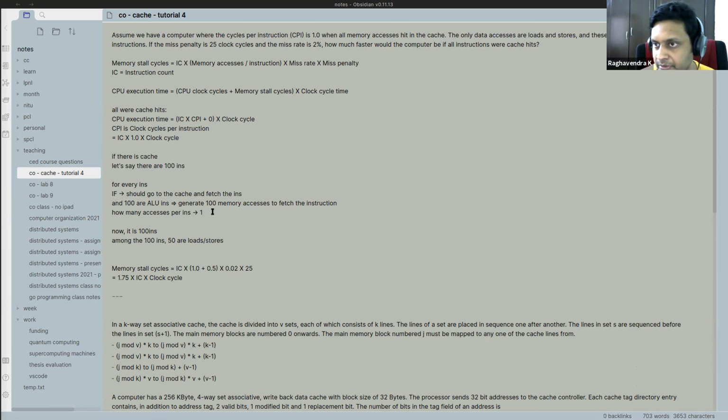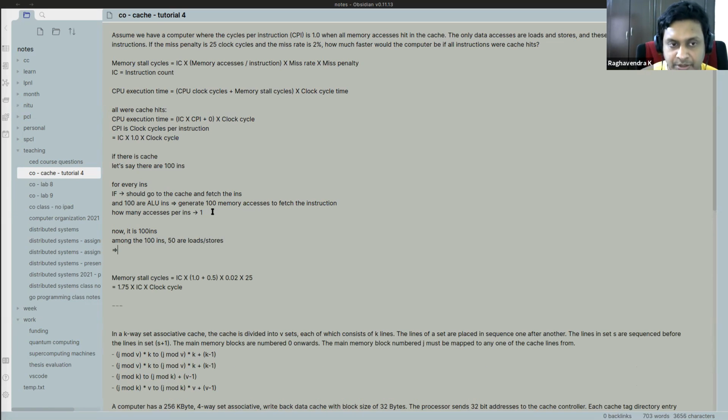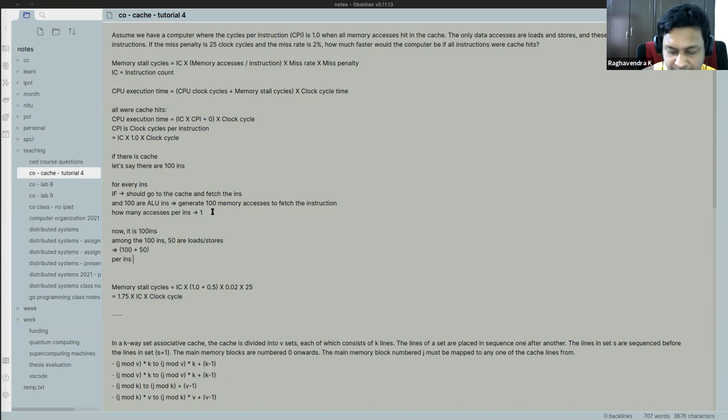We don't know what they are, but we are not worried about it. So what are the total number of memory accesses that you generate? You generate 100 for fetching all the instructions, agreed? Plus another 50. So per instruction, how many memory accesses do you generate? 1.5. Yes, so that's what we have written here. It is 1 for getting the instruction, 0.5 because 50% of them are loads.